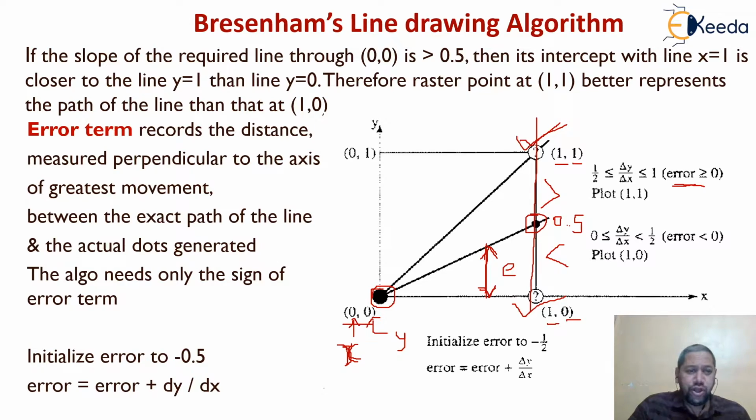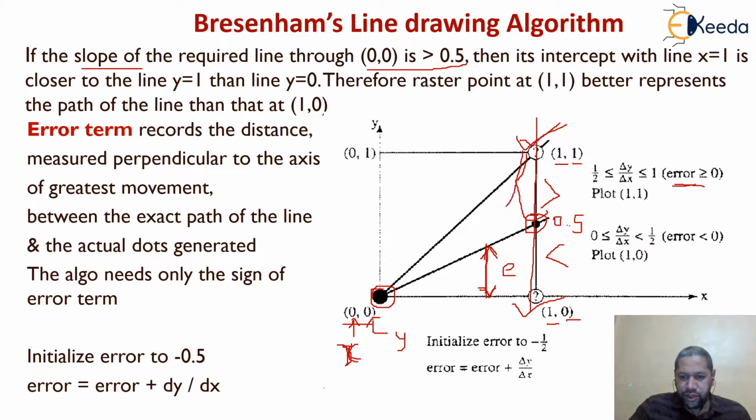Now the same thing is written here. I want everyone to look at this. If the slope of the required line through 0 0, the slope of the line is greater than 0.5, what will happen? My actual pixel lies somewhere here, somewhere pointing at this side.